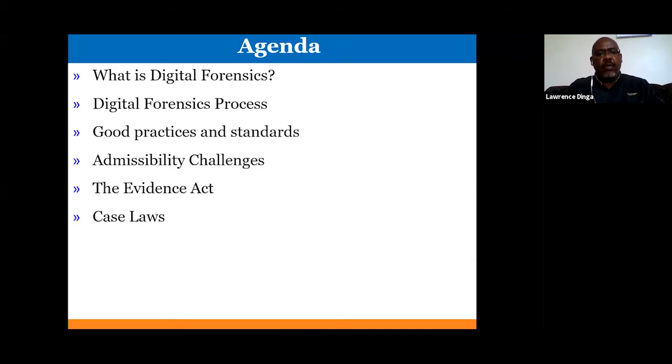Within the process, we are going to look at some of the good practices and standards that an investigator can follow to make sure they are following internationally acceptable principles and practices in their work. Then we are going to look at admissibility challenges.